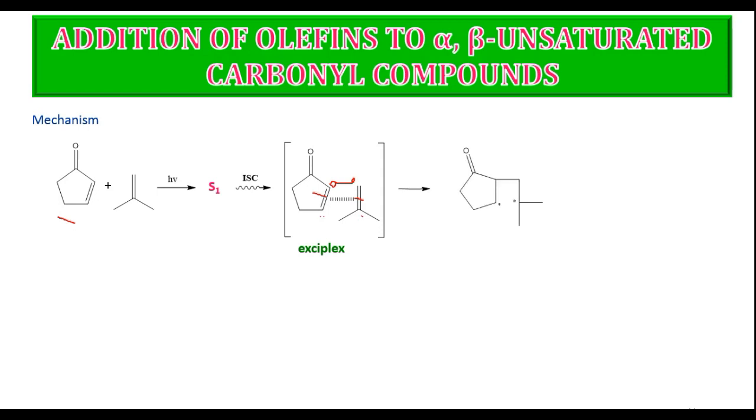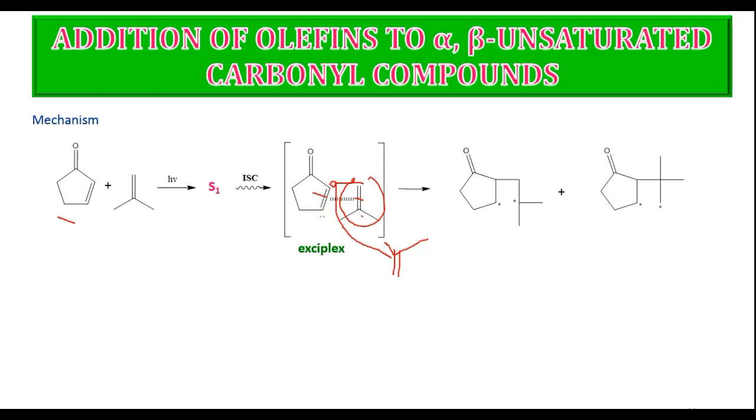So this is one way to form the radical. Another way is, you can take this olefin in the opposite direction like this. When you take this olefin like this, now here we make a bond, so we get this compound. Okay, so now you can observe the two radicals are present in the molecule. This is called a diradical intermediate.